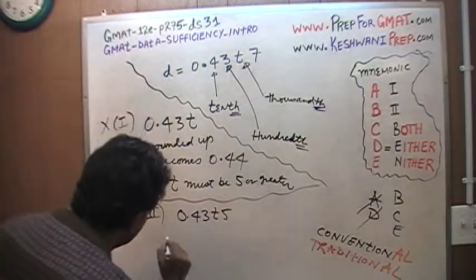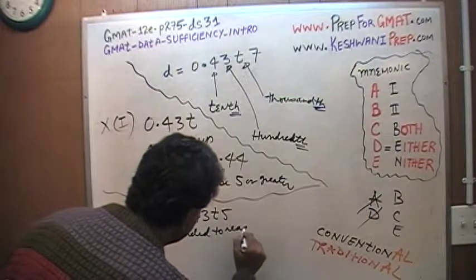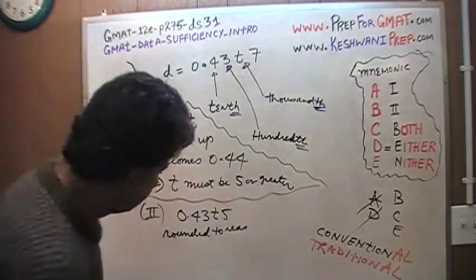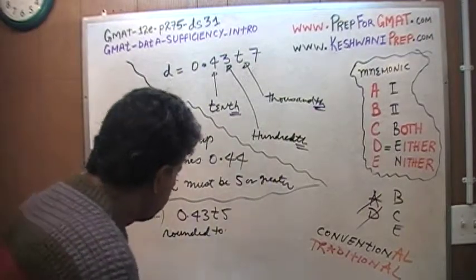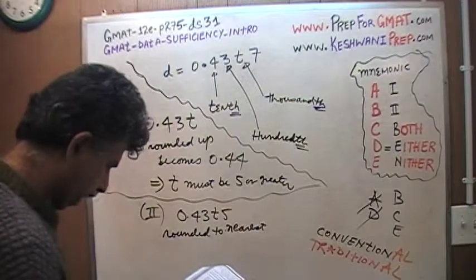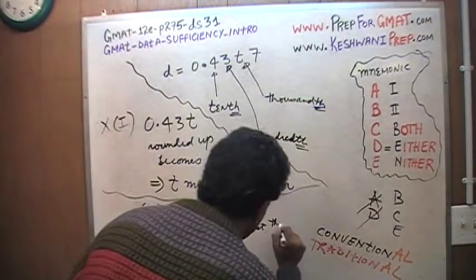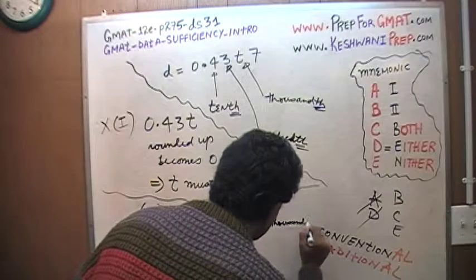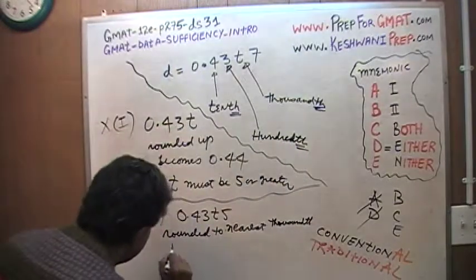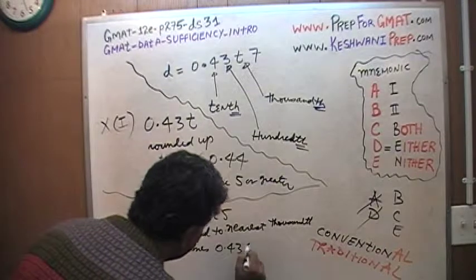0.43t5 rounded to nearest 1000th becomes 0.436.